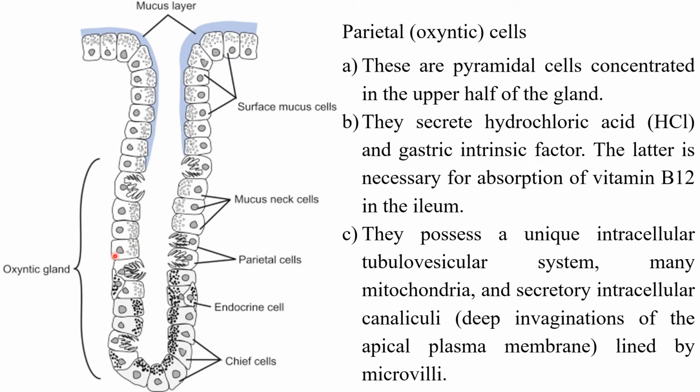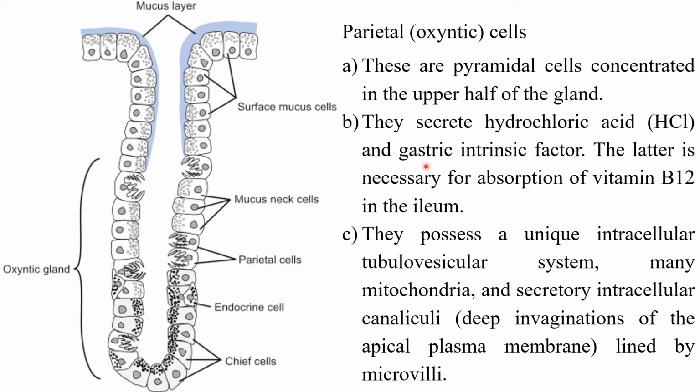A very important as well as characteristic feature of the gastric gland is the presence of parietal cells or oxyntic cells. You can see here the cells which are having many microvilli in them. And these parietal cells are pyramidal cells, pyramid-like cells concentrated in the upper half of the gland.